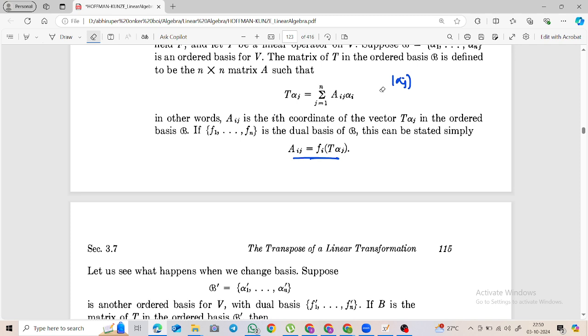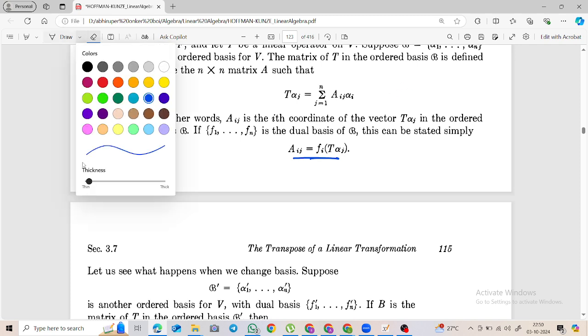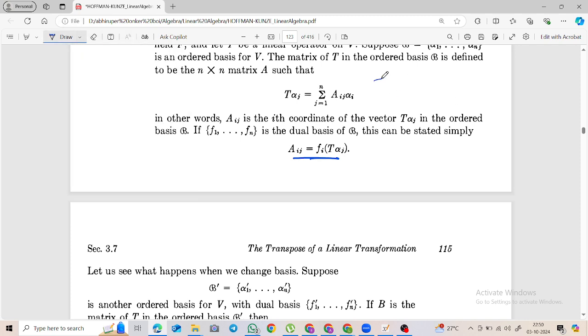T alpha_j is the summation running from 1 to n of A_ij alpha_i, right? So you put f_i on it, and f_i alpha_j, sorry, f_i alpha_i, right?